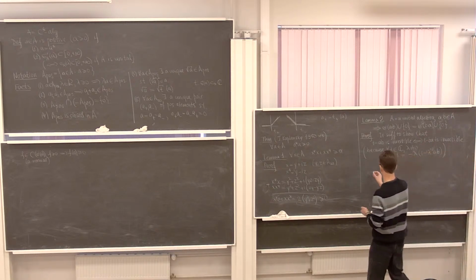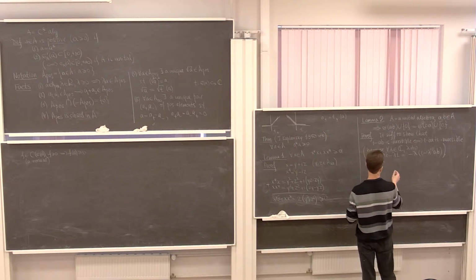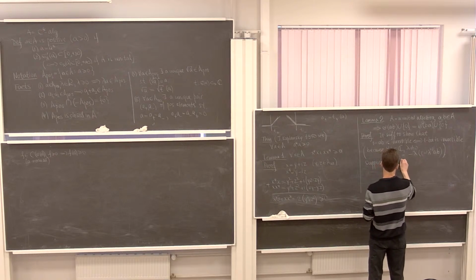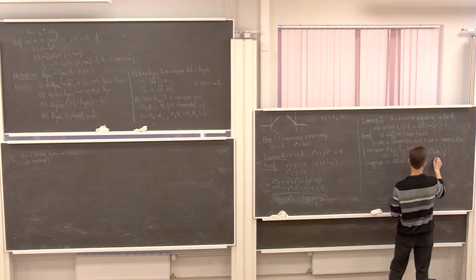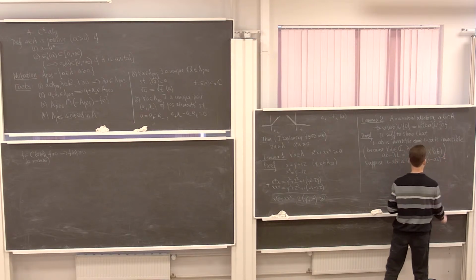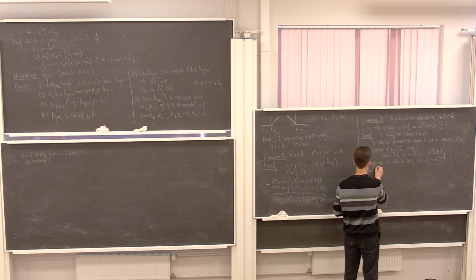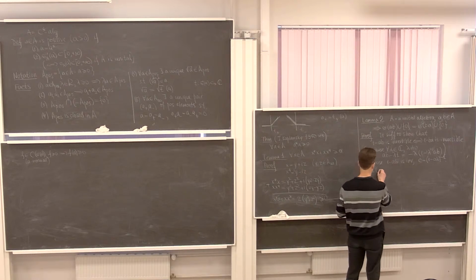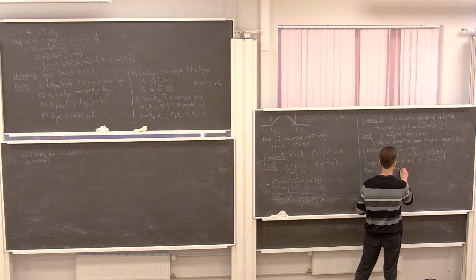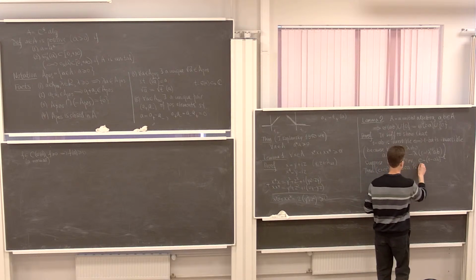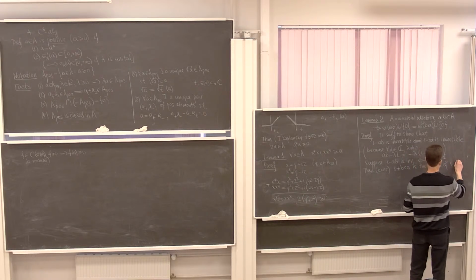Okay, so let's suppose that one of them is invertible. Say 1 minus ab is invertible, and let's denote by c the inverse element. Then, and this is a straightforward computation and an exercise for you, the element 1 plus bca is the inverse of 1 minus ba.